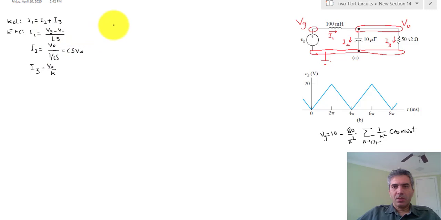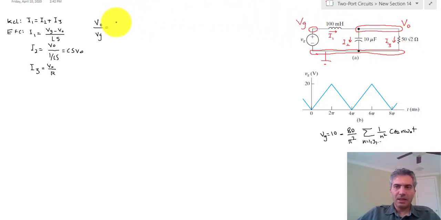But I'm going to tell you that you could also have done this without writing these equations, by just knowing that V out over VG, which is the function you're looking for, is just a voltage divider equation between the equivalent impedance of the capacitor and resistor in parallel to each other, over the same impedance plus the impedance of the inductor.